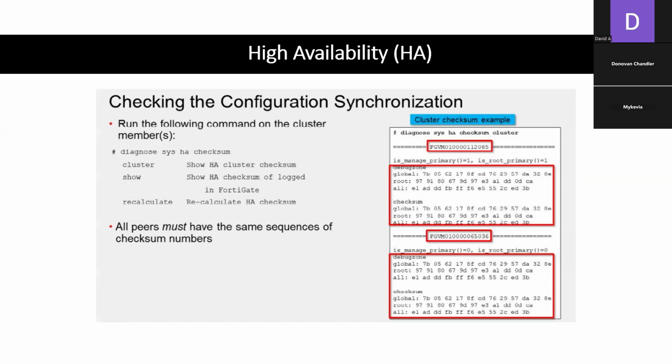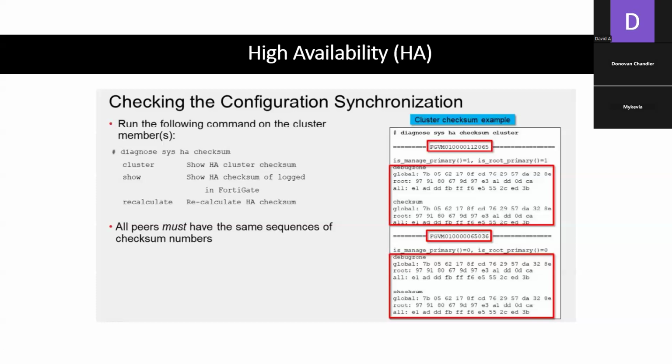But that's not all. Checking the checksum of the secondary configurations, you'll be able to confirm, all right, my secondaries all synchronized, did a full synchronization with the primary, based on the checksum I have. I'm able to see it has the same sequence of numbers.